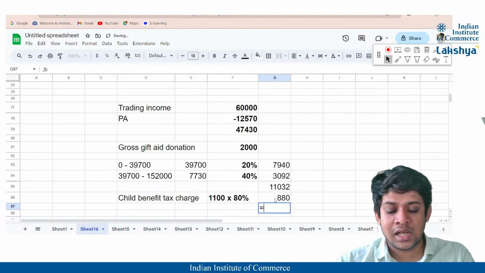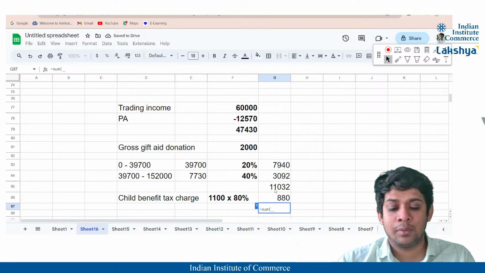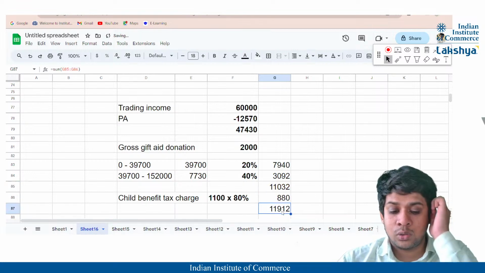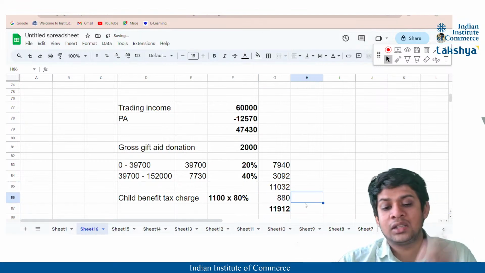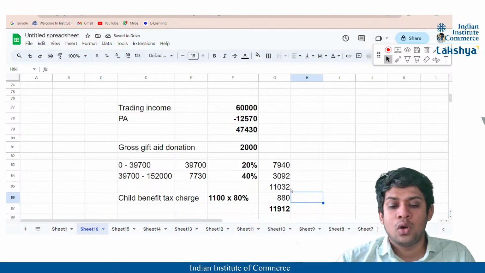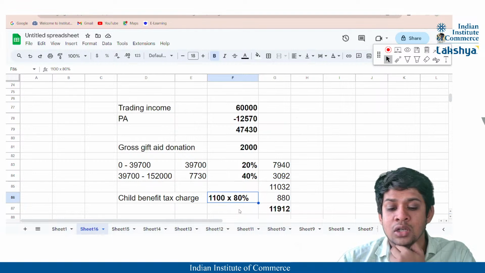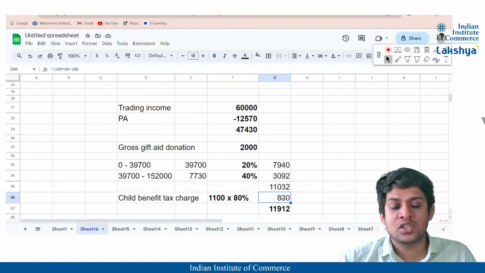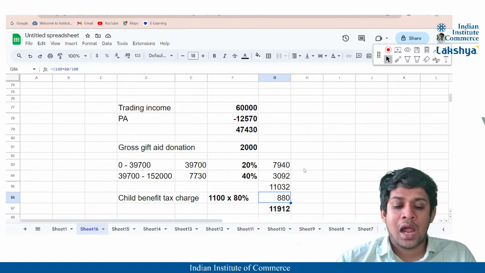This is a tax charge, so it will be added to your income tax liability. Thus her total income tax liability will be 11,912. Like we did for our PAYE, which is eventually reduced, in the same way we eventually add this child benefit tax charge, because it is a tax charge on the benefit that she has enjoyed. I hope this sum is clear to you guys, and I hope that chapter 2 is clear to you.